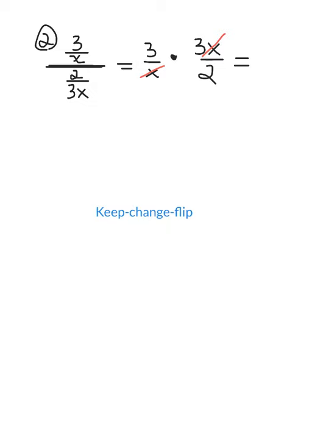So remember, when we have fractions and we're multiplying, we multiply going across. In the numerator, we're going to have 3 times 3, which is 9. And in the denominator, we just canceled out this x with this x, so really all I have left here is a 1. So I'm doing 1 times 2, which is 2. And there's your answer.